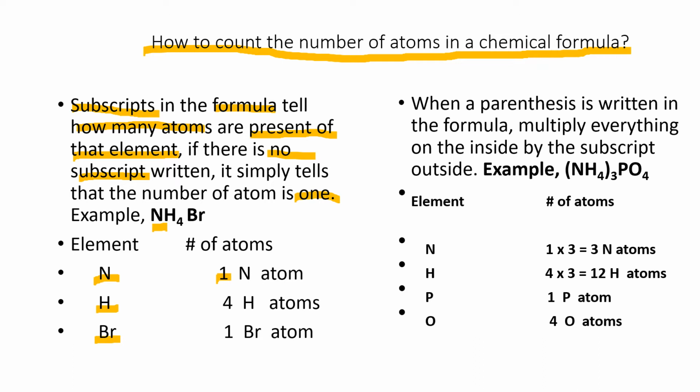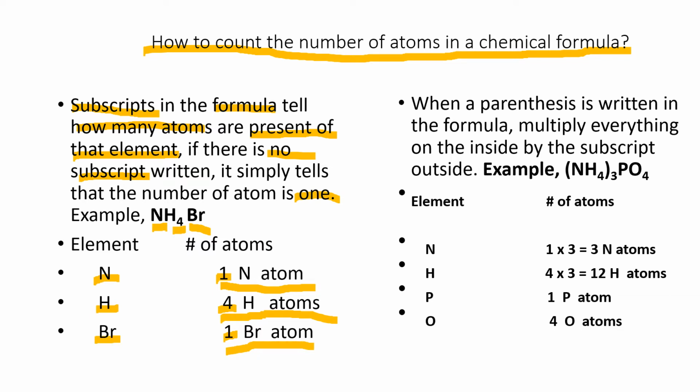Now, the subscript of hydrogen is 4, so that means we have 4 hydrogen atoms. Now, bromine has nothing written, so it is understood as 1. So you have 1 bromine atom. So that means that ammonium bromide has 1 nitrogen atom, 4 hydrogen atoms, and 1 bromine atom.